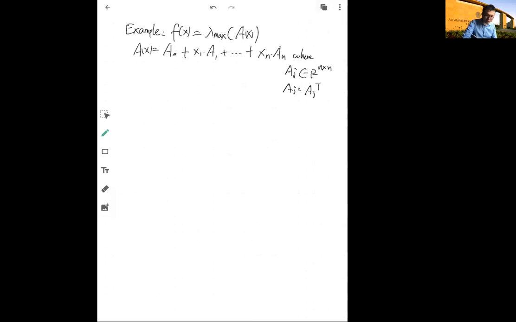This is a linear matrix inequality style construction of the matrix A(x). So A(x) is an affine combination of a set of n+1 matrices with coefficient vector x. Make sure you can think about these objects in matrix space.